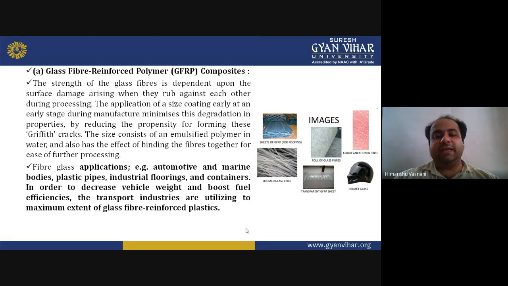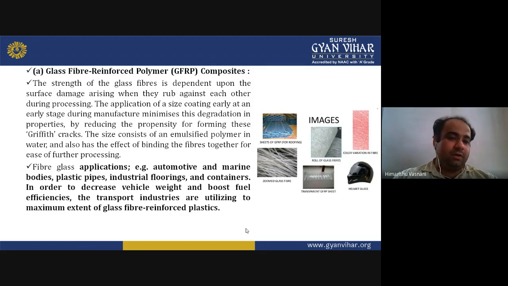The application of a size coating at an early stage during manufacture minimizes this degradation in properties by reducing the propensity for forming these surface cracks. The size consists of an emulsified polymer in water and also has the effect of binding the fibers.